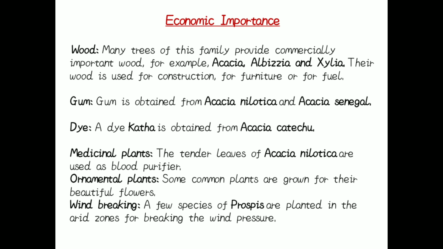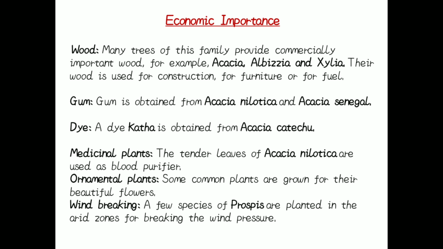Now, let us discuss the economic importance of the Mimosaceae subfamily. Wood of this family is commercially important for furniture. Acacia, Albizia and Xylia are useful for commercial purposes. The wood is also used for construction or as fuel.